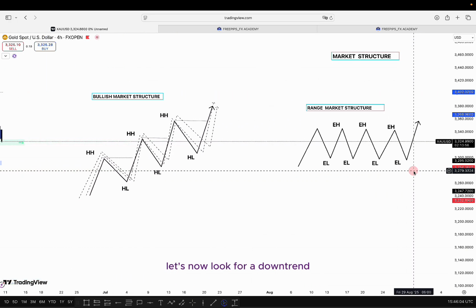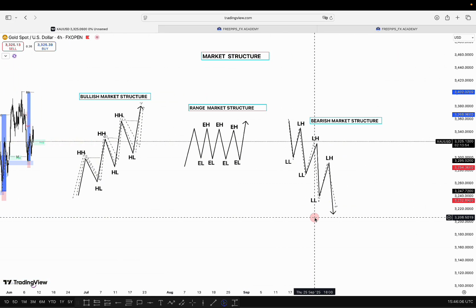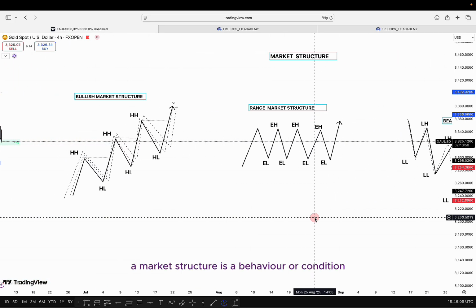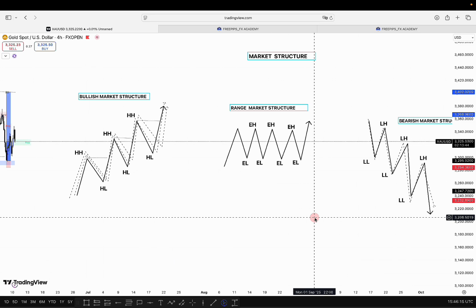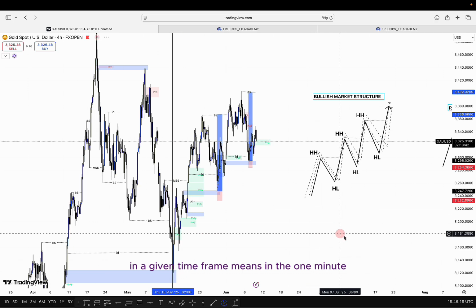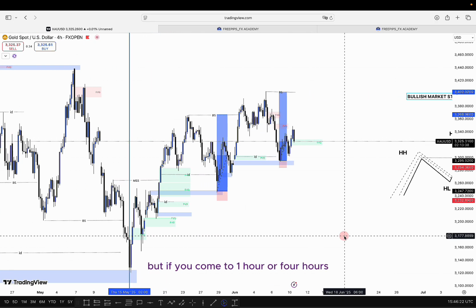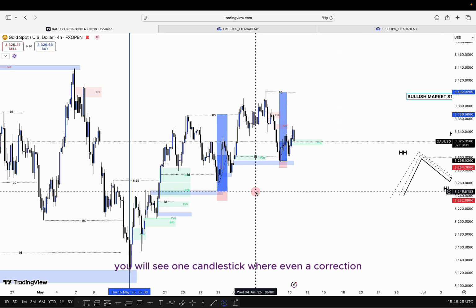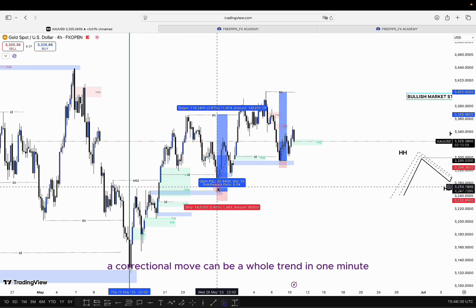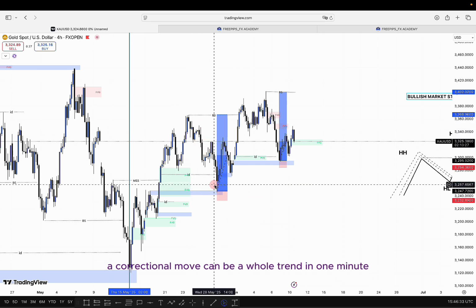Now a downtrend. You know why I said market structure is a behavior or condition and current flow of the market in a given time frame? In a given time frame means in the 1 minute, if you go there, you will see a trend. But if you come to 1 hour or 4 hours, you will see one candlestick, where even a correctional move can be a whole trend in 1 minute.